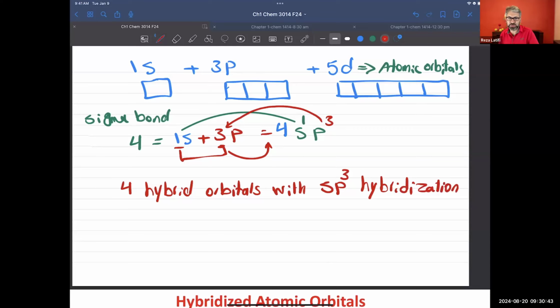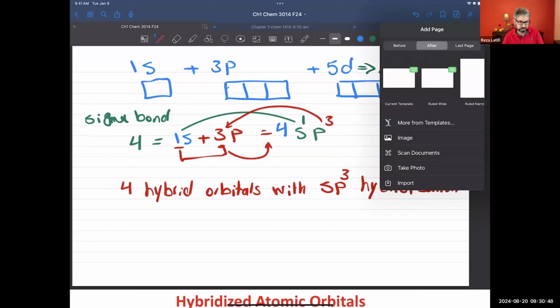With sp3 hybridization. Okay, let's practice this one for another molecule.